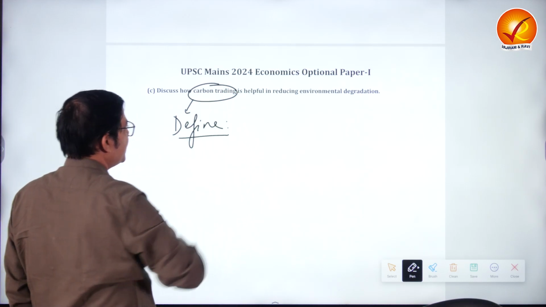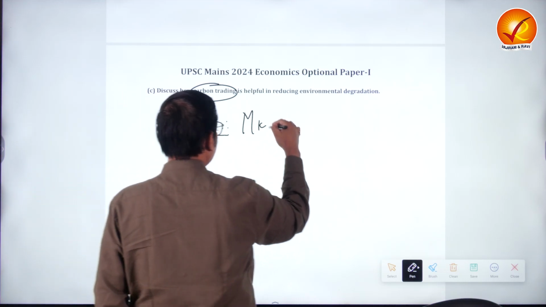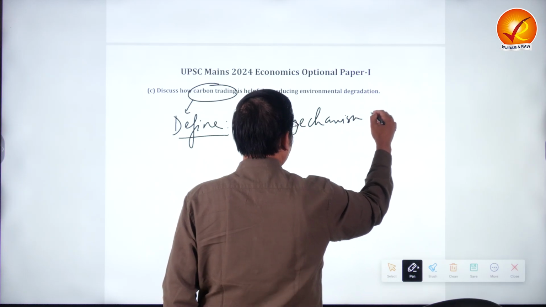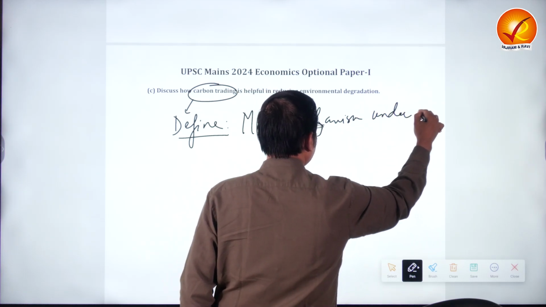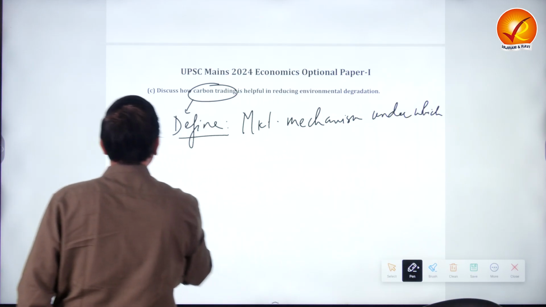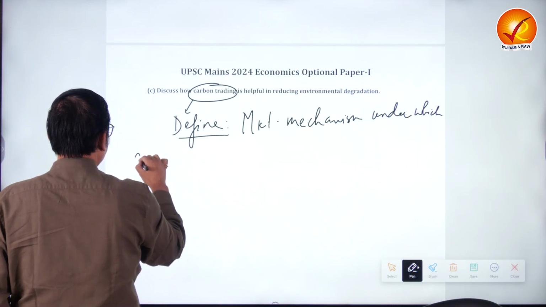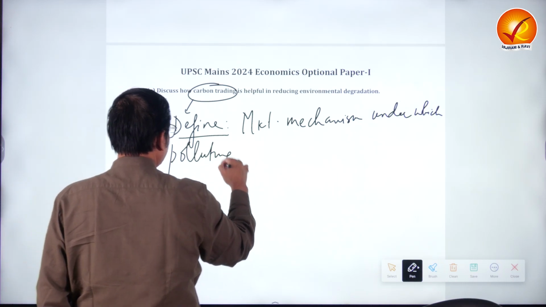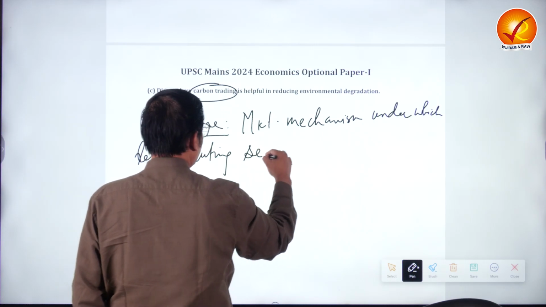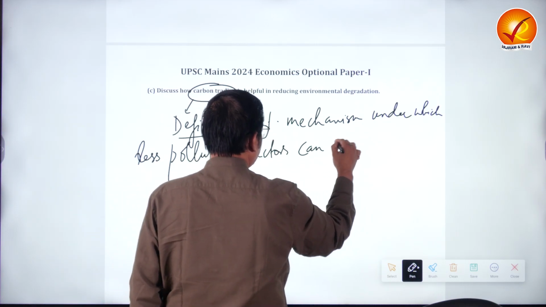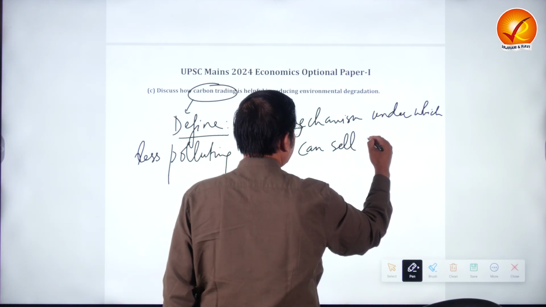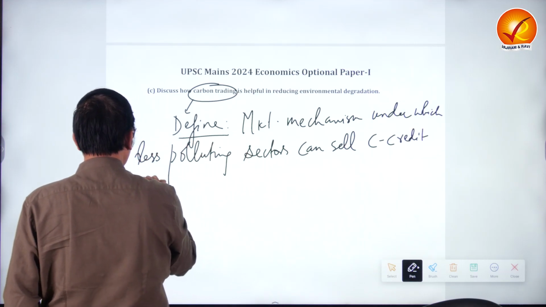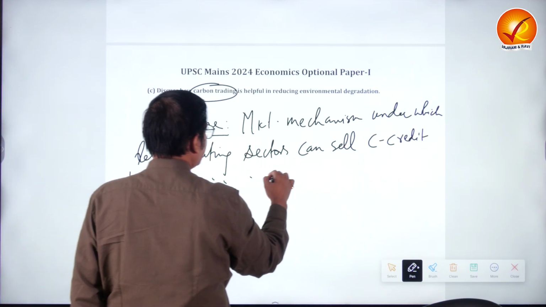In the definition, you can say that it's a market mechanism under which the less polluting sectors or even countries can sell the carbon credits to the more polluting sectors or countries.